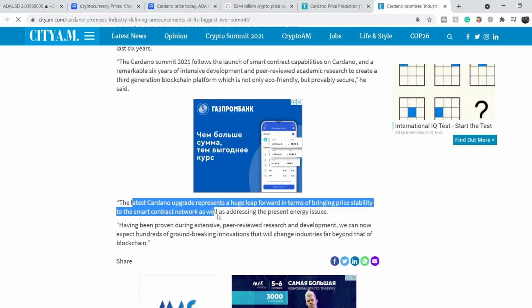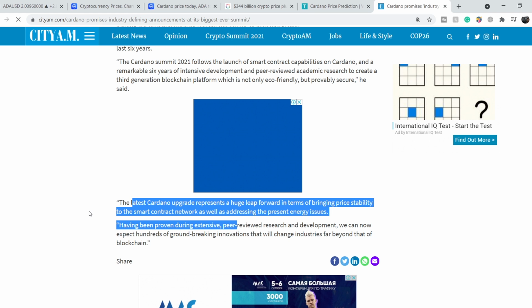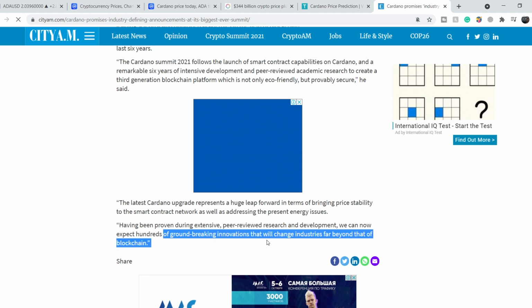The latest Cardano upgrade represents a huge leap forward in terms of bringing price stability to the smart contract network, as well as addressing the present energy issues. Having been proven during extensive peer-reviewed research and development, we can now expect hundreds of groundbreaking innovations that will change industries far beyond that of blockchain."